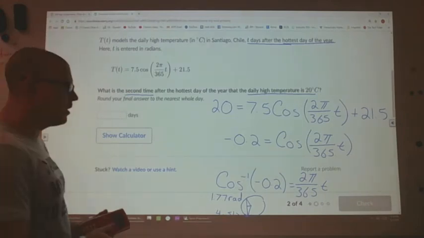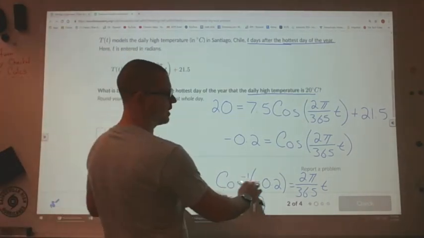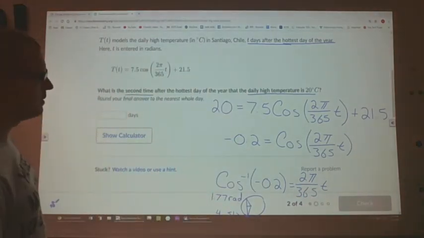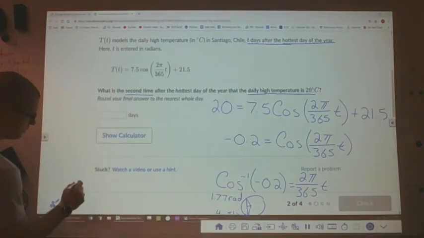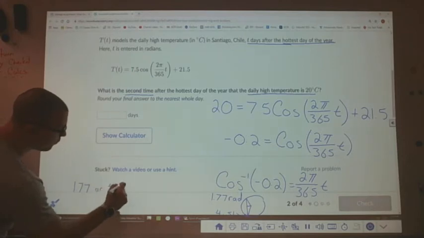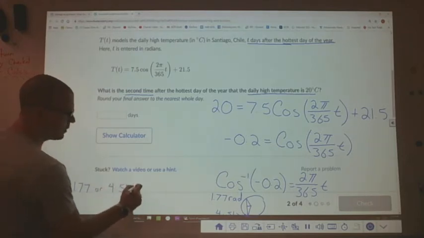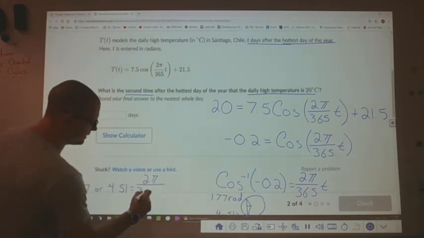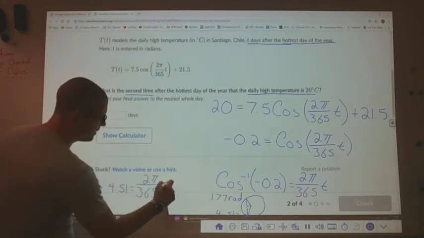Okay. But all we've done is evaluated this inverse cosine. We still have this 2 pi over 365 to contend with. So my answer is 1.77 or 4.51 is equal to 2 pi over 365 t.